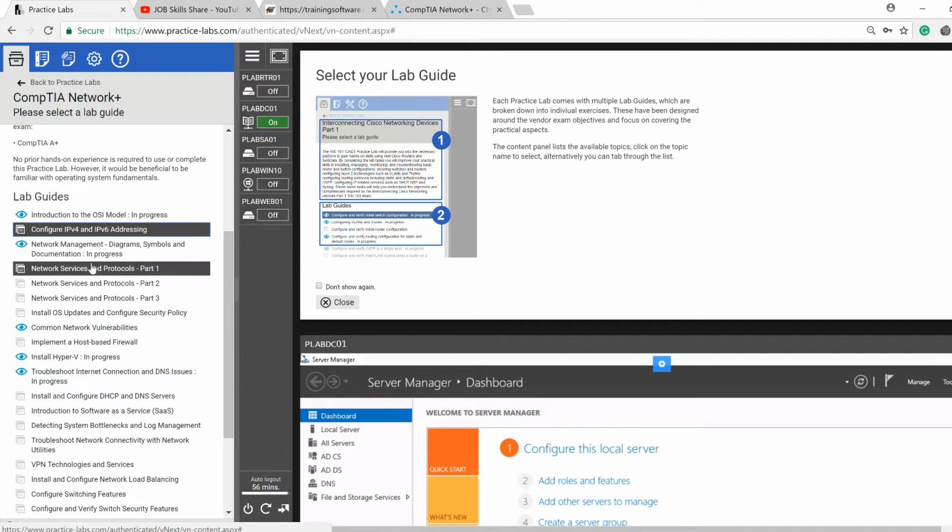Network management, diagrams, symbols, documentation. When you become a network engineer or a system admin, you really need to get into these diagrams and know what the symbols mean, because at some point you will create a whole documentation for someone, maybe PCI compliance people. They are coming and scanning your systems, and they want to know what diagrams you have.